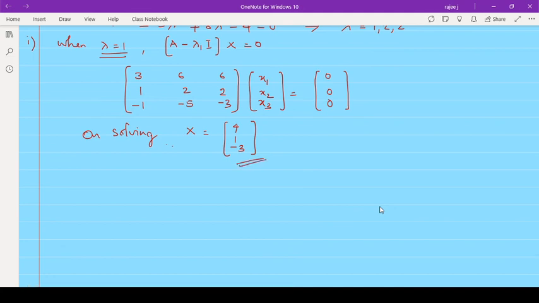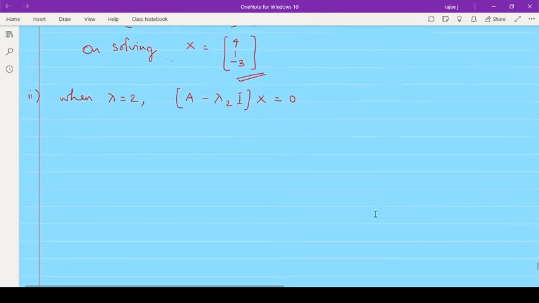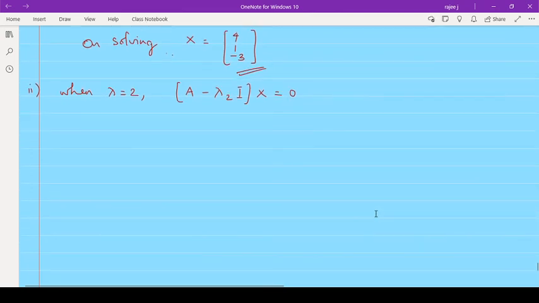Now for lambda equal to 2. When lambda equal to 2, consider A minus lambda 2 into I of x is equal to 0. Here also we need to get the values for x1, x2, x3. So we subtract 2 from the diagonal elements.